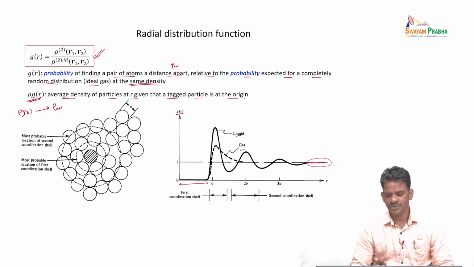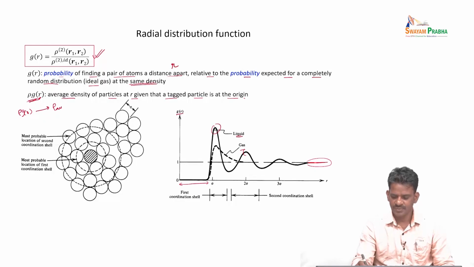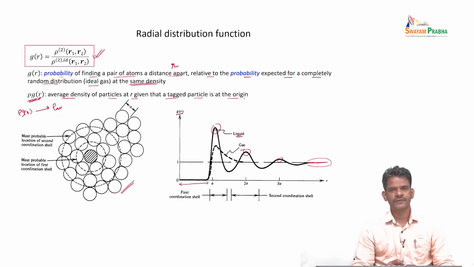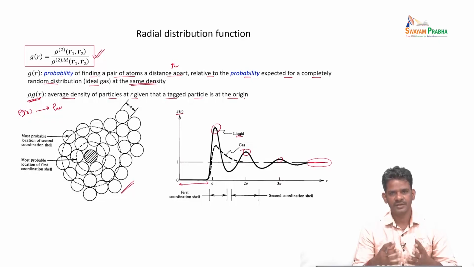In between, you see an oscillatory kind of behavior for a liquid, whereas for a gas it is just a single peak and then falling down. You see this kind of peak because, if you look at the representation given here, the first peak, second peak and third peak basically refer to the local order manifested by the intermolecular forces.